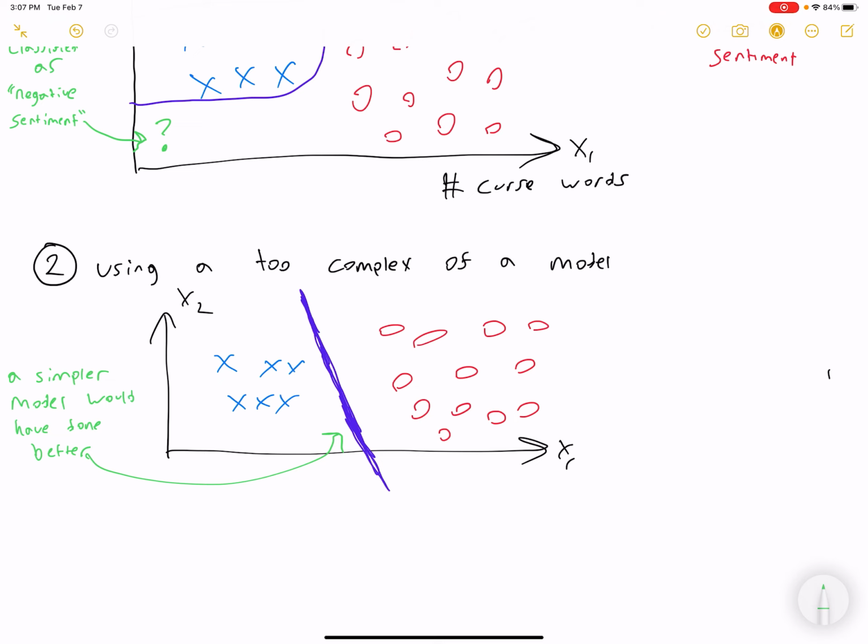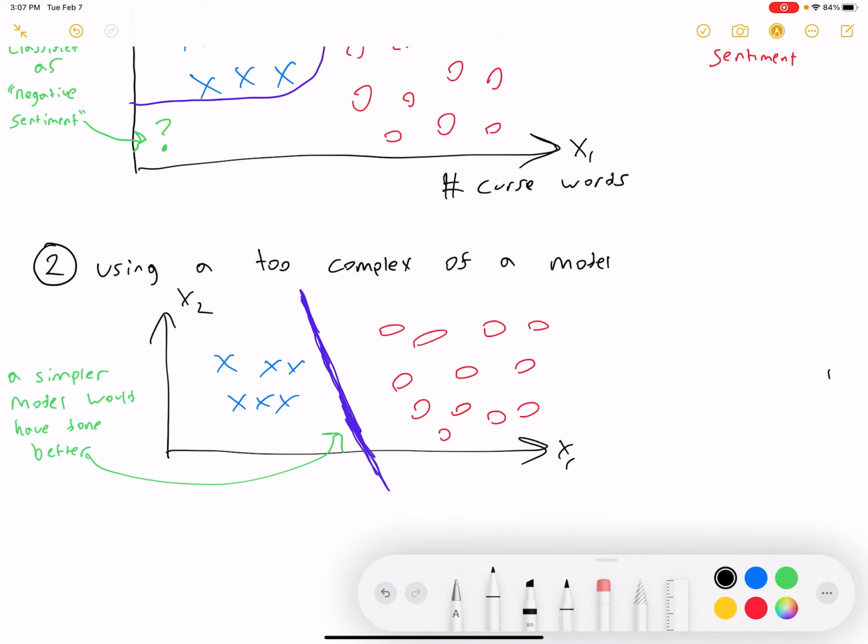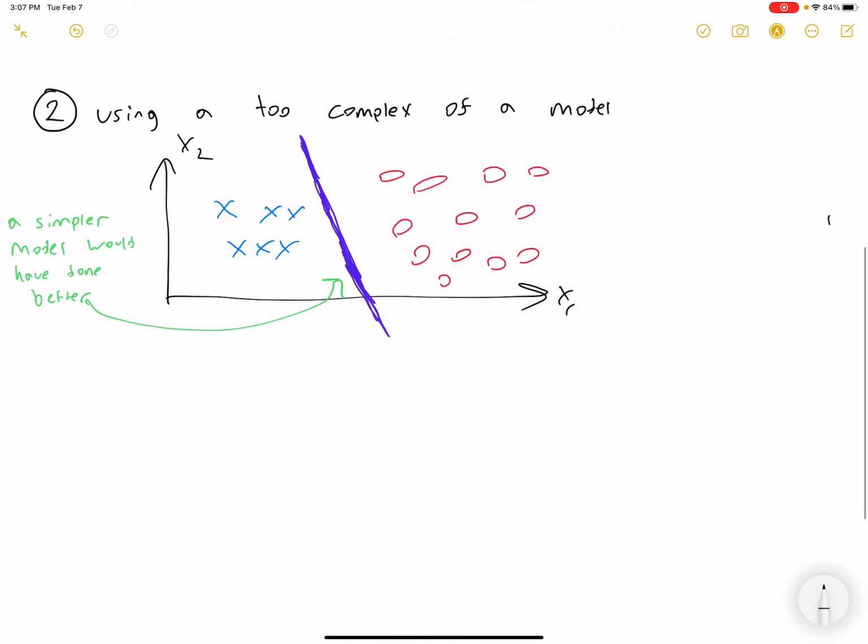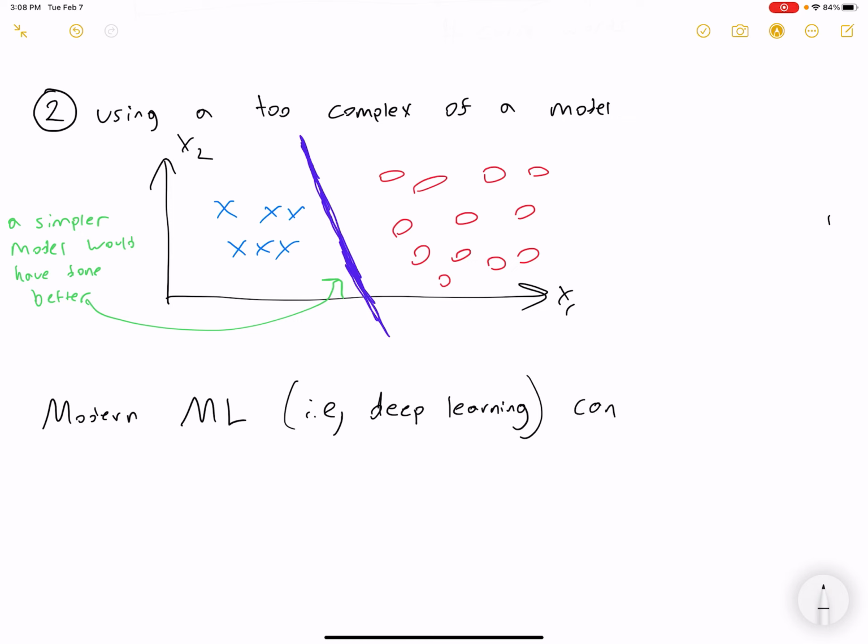And this is really important because modern machine learning, which we haven't gotten to yet, but like deep learning, which we'll cover extensively in the second half of this class. So modern machine learning, i.e. deep learning, which we all know what that is, even though we haven't learned about it yet because it's so popular, can learn any function.